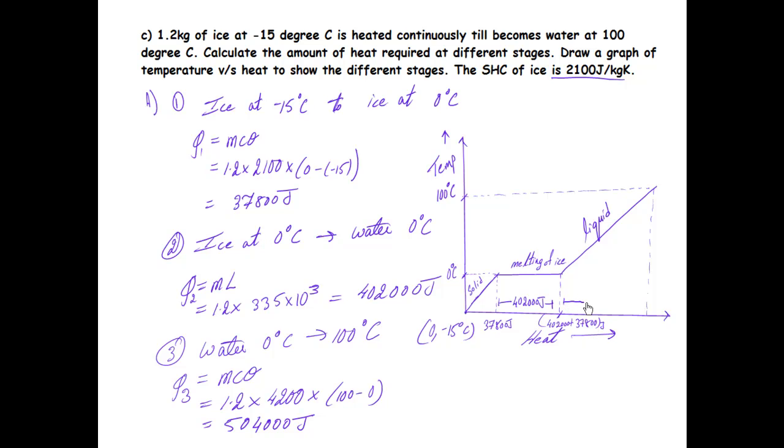And in the third part, the heat absorbed is 504,000 joules. So therefore, the total heat absorbed by this point is the earlier heat absorbed, that is 402,000 plus 37,800, plus this new excess heat absorbed, 504,000 joules. So this will be the total amount of heat absorbed in joules.